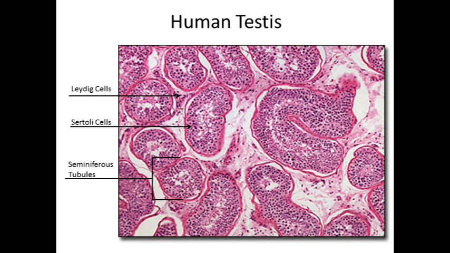The Sertoli cells would be the darker dots inside the seminiferous tubules, while the Leydig cells are the cells between the seminiferous tubules, dispersed in the spaces between them.